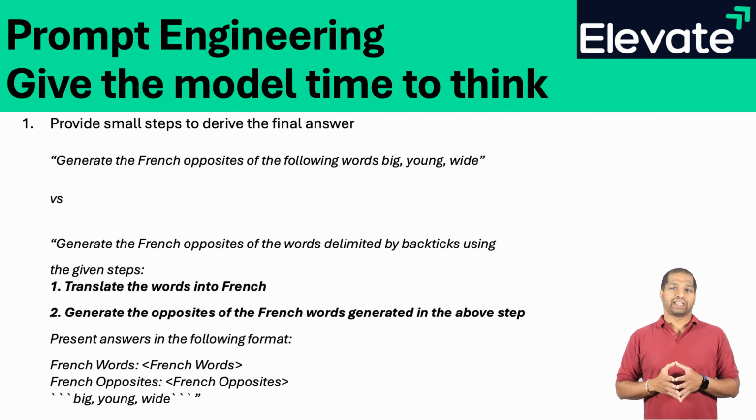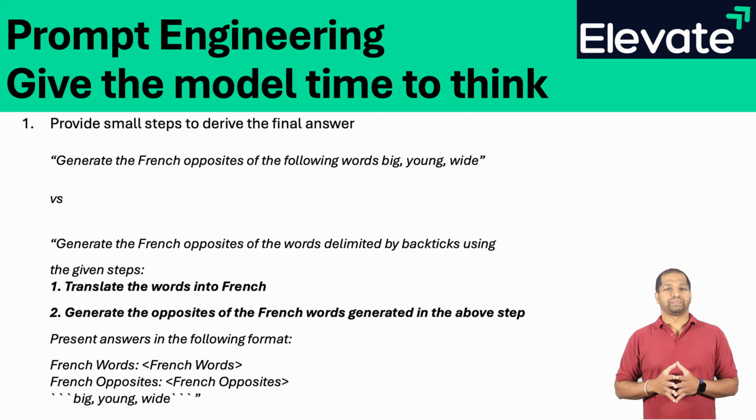In this simple example, instead of asking the model to generate the French opposites in a single attempt, we have divided it into two steps for the model to first translate to French and then to generate the opposites. Even though modern models can do these two simple steps in a single go, the decomposition of steps can be really helpful for more complex tasks to let the model understand the context and follow along the steps, reducing the possibility of errors.